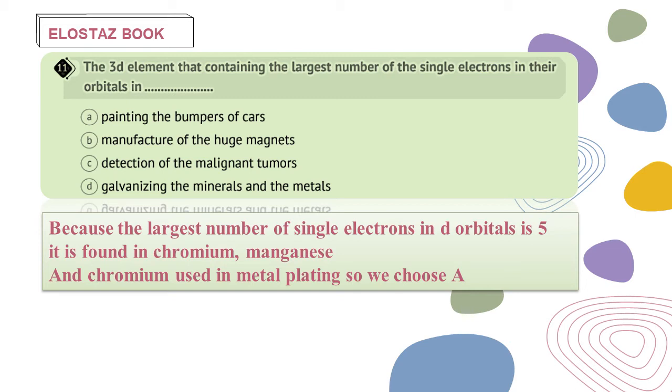So if we are discussing between chromium and manganese, chromium makes a layer that prevents oxidation with the atmospheric air, so it will be used in painting the bumpers of cars. It's one of the main functions, preventing the reaction with atmospheric air and preventing oxidation, in protection or covering. Let's go into question 12.